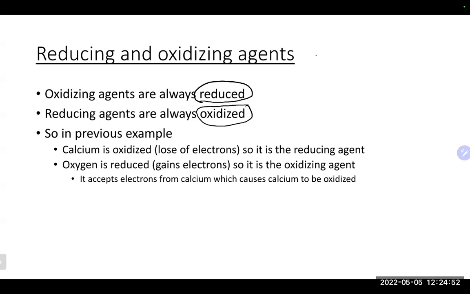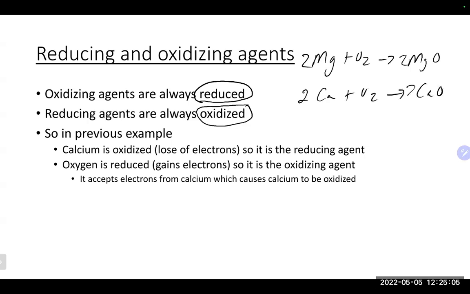So in our couple of examples there, the magnesium plus the oxygen and our calcium plus the oxygen. This one here was the one that is being oxidized, so it is the reducing agent, while the oxygen there, which is being reduced, would be our oxidizing agent in this case.